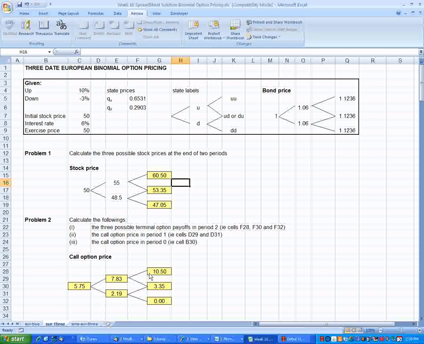In problem 2, what I ask you to do is to take the information from problem 1 and apply it to price the call option with a strike price of $50. How do you do that? Well, the first step is to calculate the value of the option in the leaves of the tree here. How do we do that?